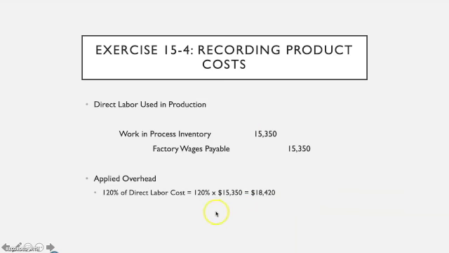So 120% times 15,350 gives us $18,420. The journal entry for this is going to be a debit to work in process inventory for $18,420 and a credit to factory overhead for $18,420. Very similar to the last one, these costs are going to be accumulated in the work in process inventory account, so that is why we are debiting it.